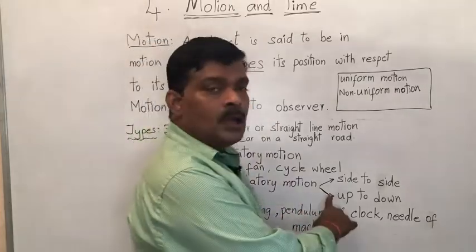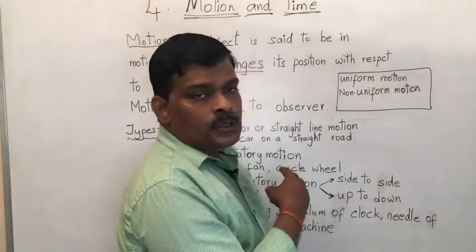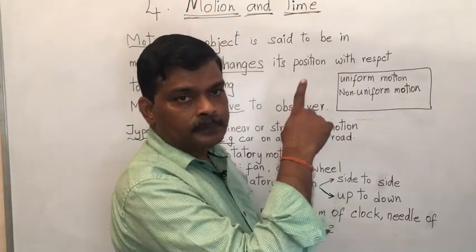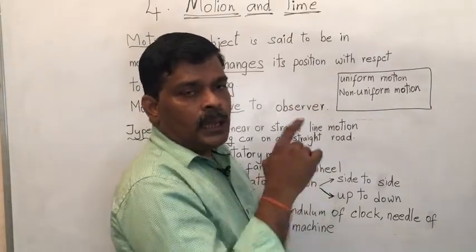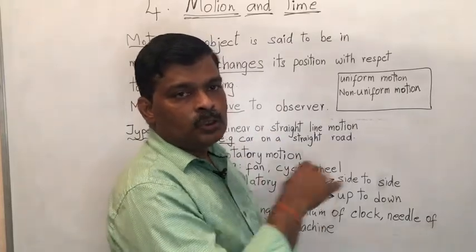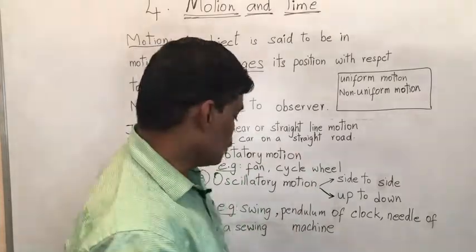That is called oscillatory motion. Side to side is also there. You see in a pendulum clock, it is moving side to side. A ball tied with a small string, that ball's motion towards right and left is also oscillatory motion.